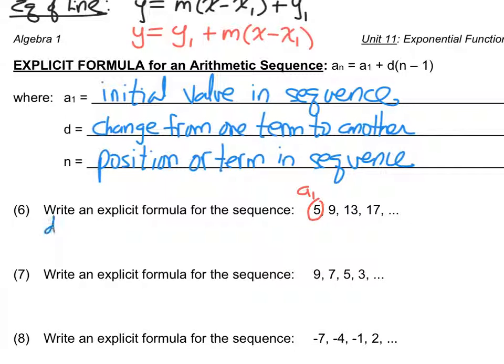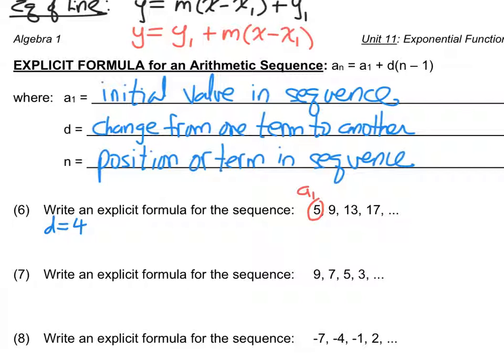So d in this case would be what? 4. If you know it's arithmetic, all you have to do is find the difference between any 2 consecutive values. Just make sure you get the sign right, because this one is increasing by 4. If it were decreasing by 4, it would be negative.